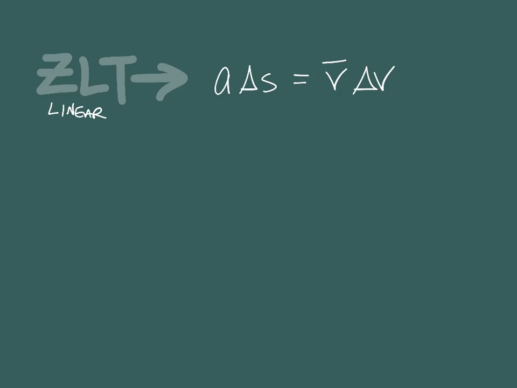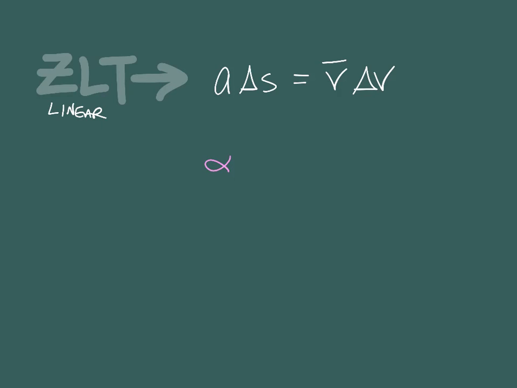Well, the ZLT, if I go angular on it, instead of linear acceleration, I have angular acceleration. We use the letter alpha for lots of things. We use it for an angle today. But in terms of acceleration, rotational acceleration is the letter alpha. So I can translate linear to angular by using an angular variable.